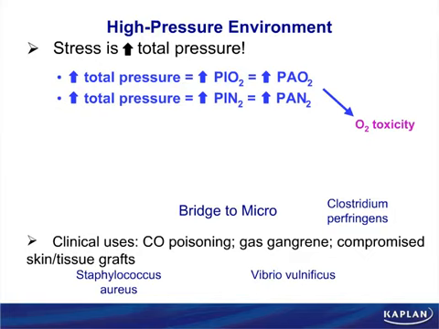And also, we do have some aerobes that can sometimes be treated effectively by increasing oxygen, and that's Staph and Vibrio. Those two are aerobes, but they've still shown clinical promise in high pressure conditions, because we get a little bit better blood flow, a little bit better delivery of oxygen, and so we're able to heal a little bit better.